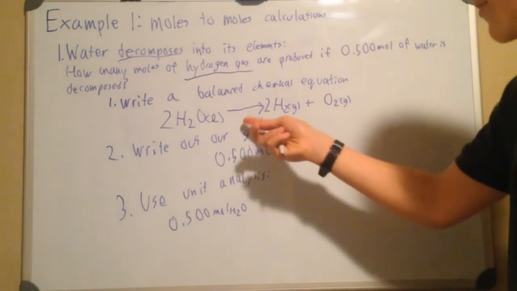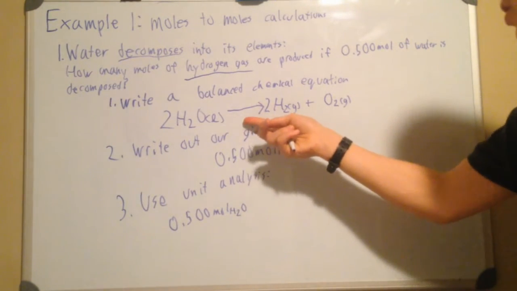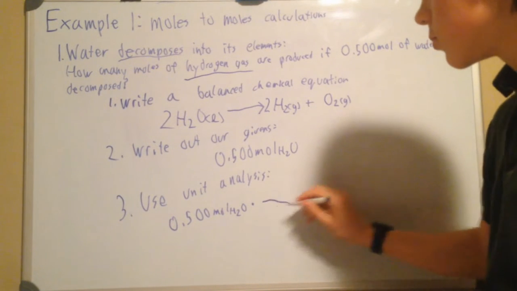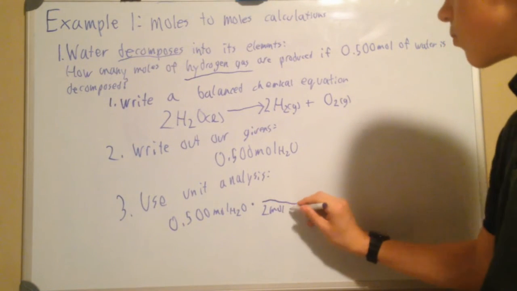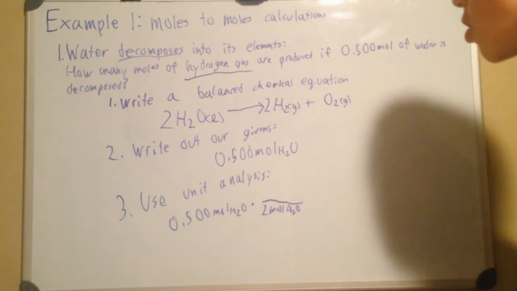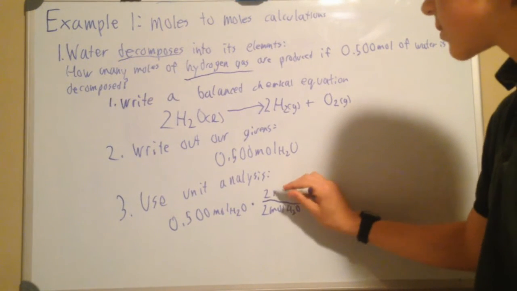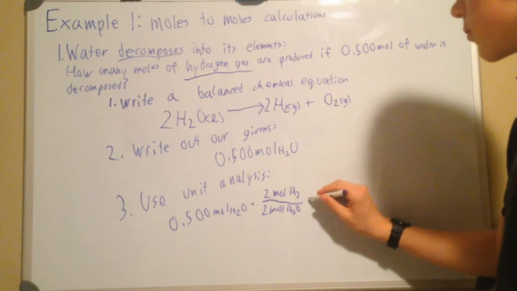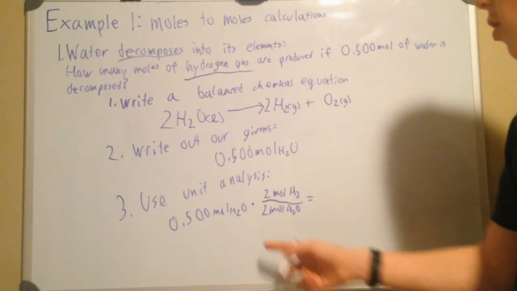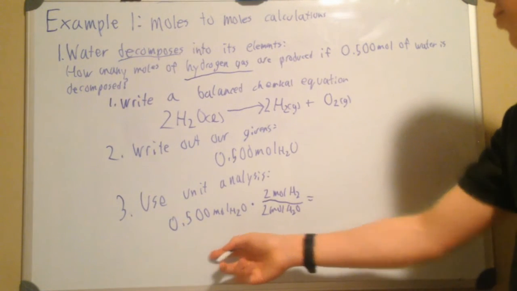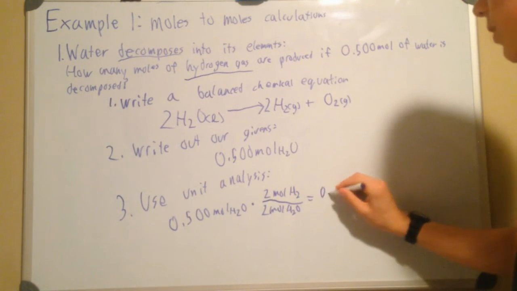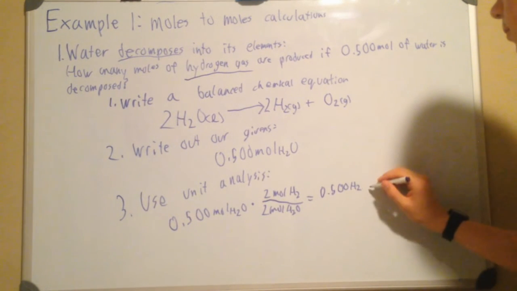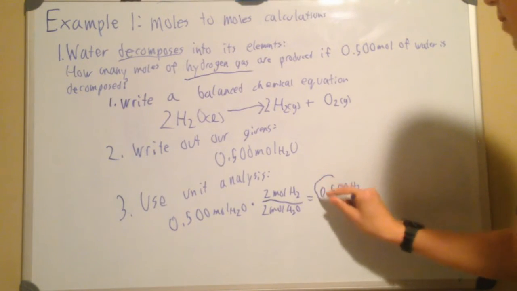Now, the cool thing about our chemical formula is it gives us a molar ratio. We know that for every 2 moles of H2O, we have 2 moles of hydrogen gas. Therefore, if we have 0.5 moles of H2O, we will end up with 0.5 moles of H2. That's your answer.